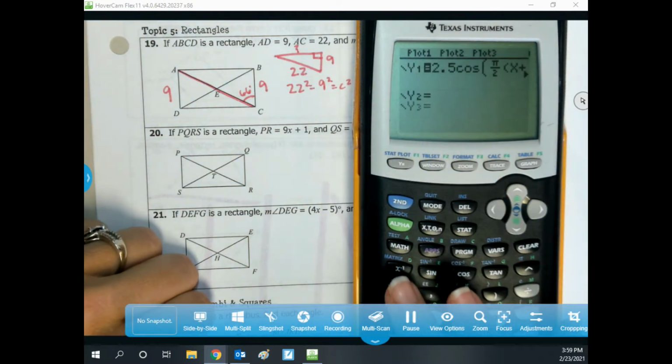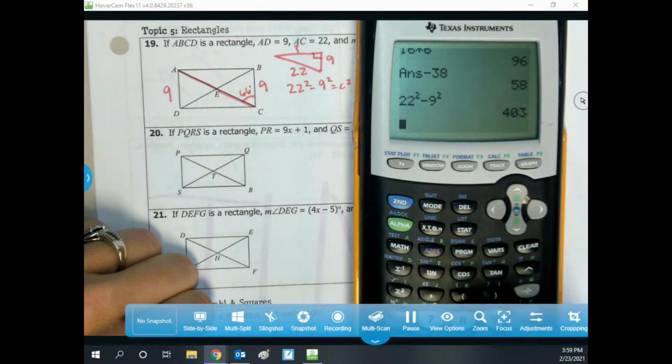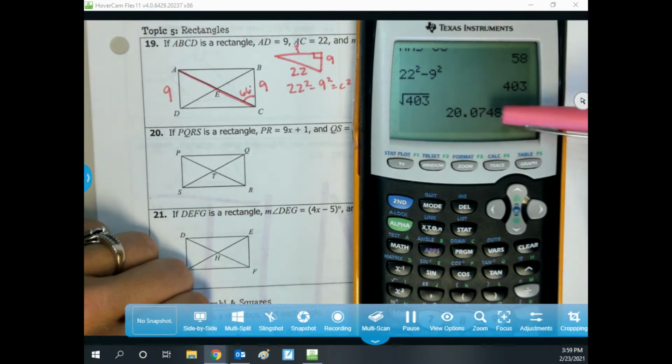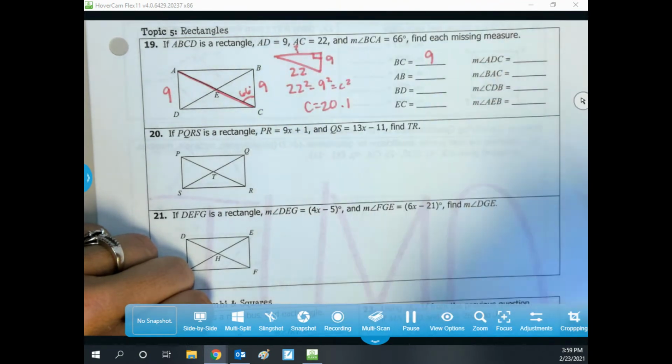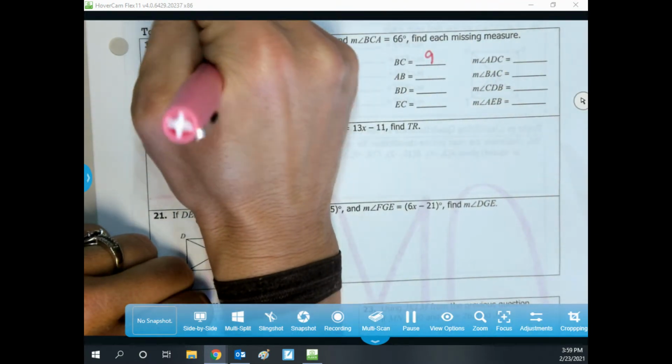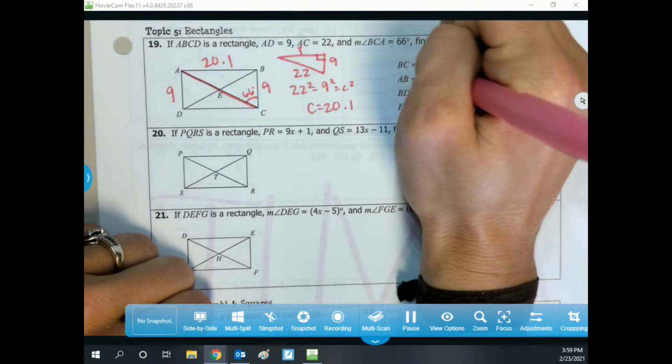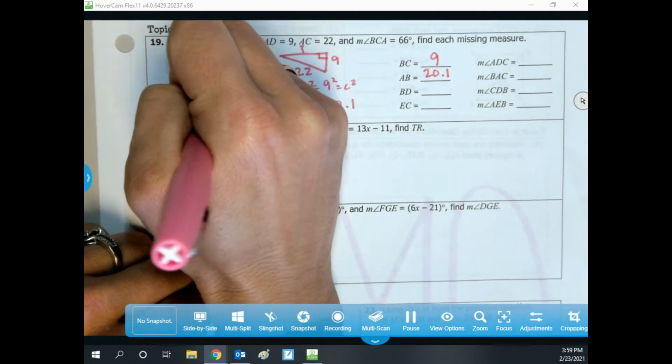And then we take the square root of that. Square root of 403 gives us 20.1. So C equals 20.1. So AB is 20.1, which means that DC is also 20.1.